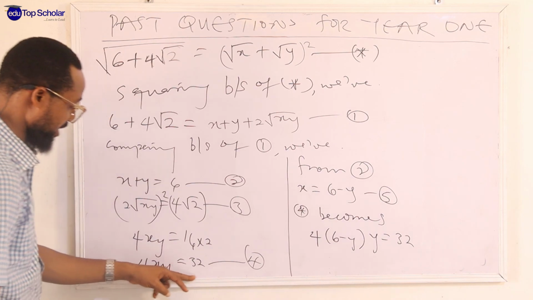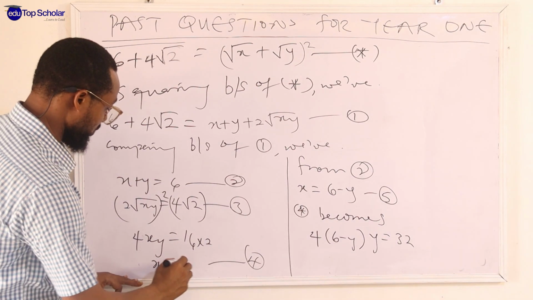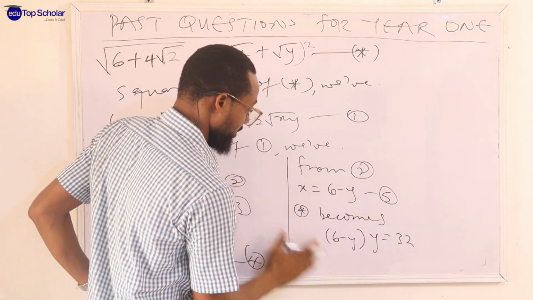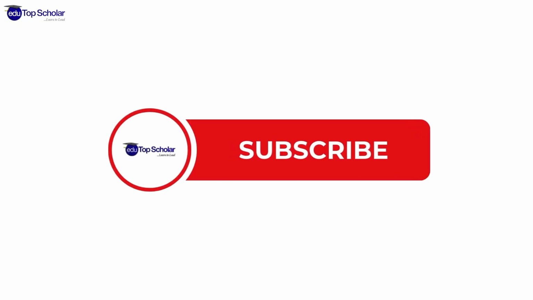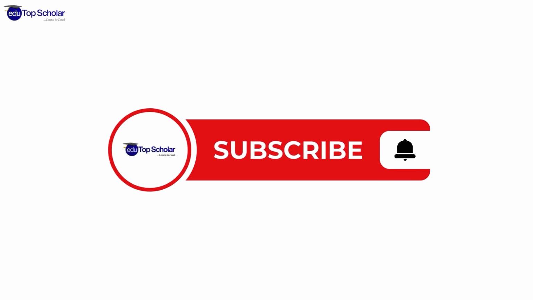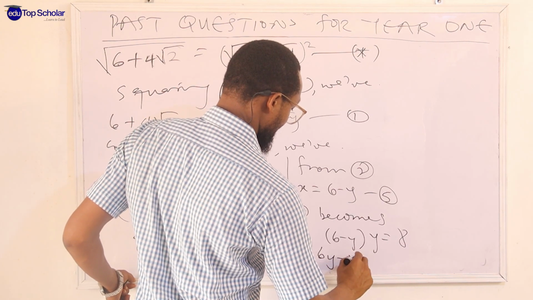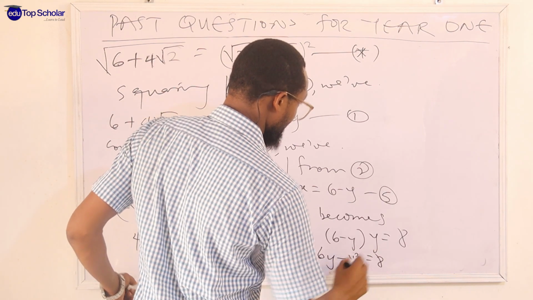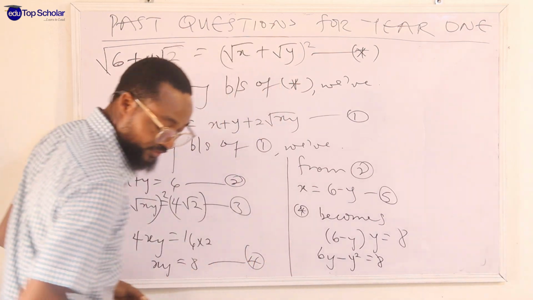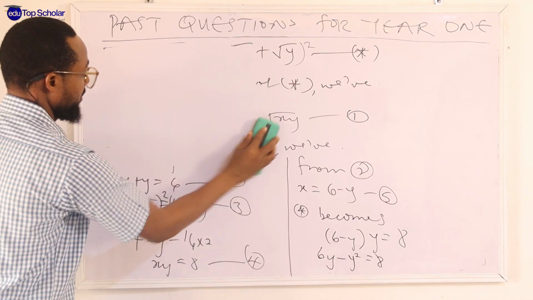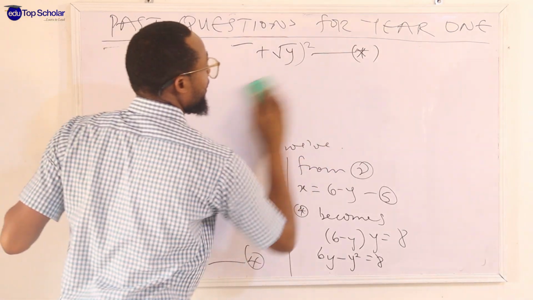I should have reduced this, so this will be xy equals 8. And this one will now be 6 minus y, times y, equals 8. 6 by y, we have 6y, minus y by y, y squared, equals 8.